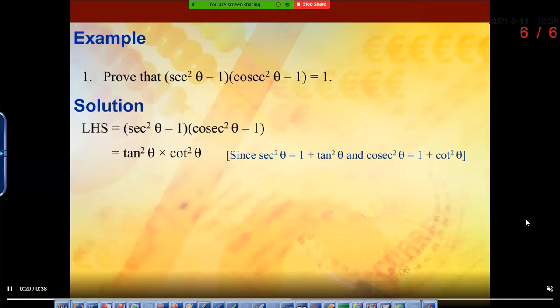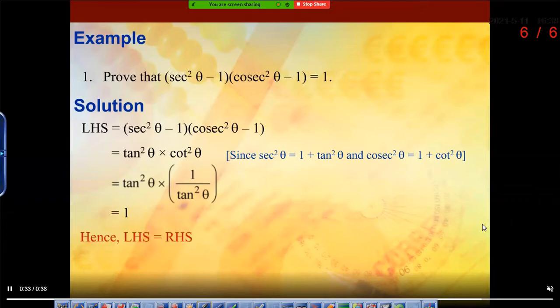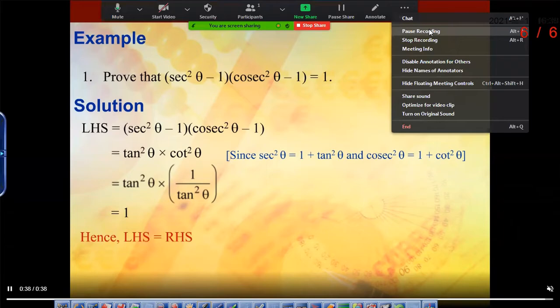Why? Because the reciprocal of cot theta is 1 upon tan theta. On further simplification, you will get 1, which is equal to RHS. Therefore, LHS is equal to RHS. So this is a very simple problem. So let us go to the second problem.